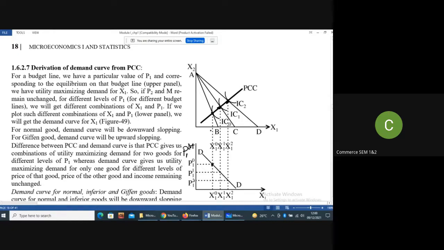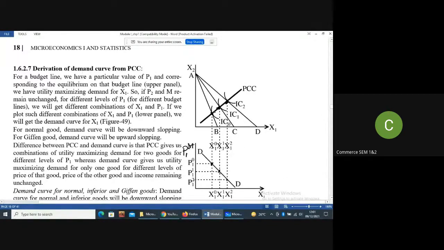Now if P1 decreases to P11, we move to the AC budget line, and the equilibrium is somewhere here. So we get this point where at price P11, the consumer is demanding X11 units of X1. If you join these points, you get the demand curve of commodity 1. So what is the difference between the PCC and a demand curve?